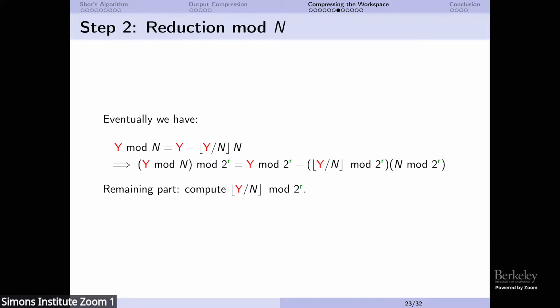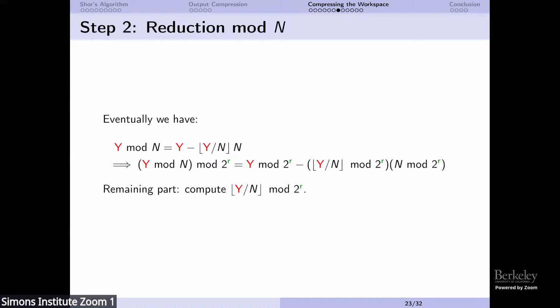So we can rewrite this. And we can write this in a very naive way, just by saying, well, this is y, and then there is a quotient of y by n, and then there is a times n. And if we reduce this modulo 2 to the r, so taking a few bits of the result, we get something like y mod 2 to the r. This is actually easy to compute. It's just we reduce everything modulo 2 to the r, so that's going to be fine.